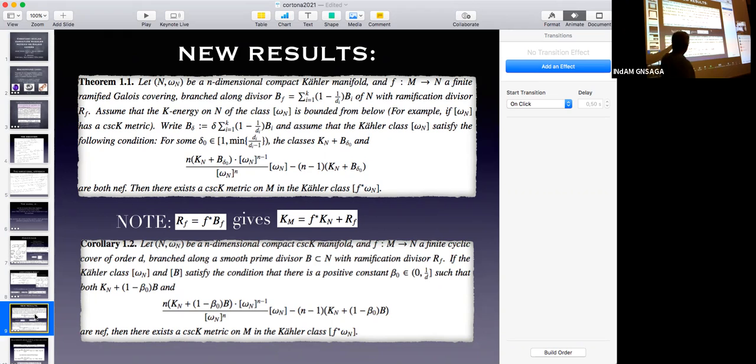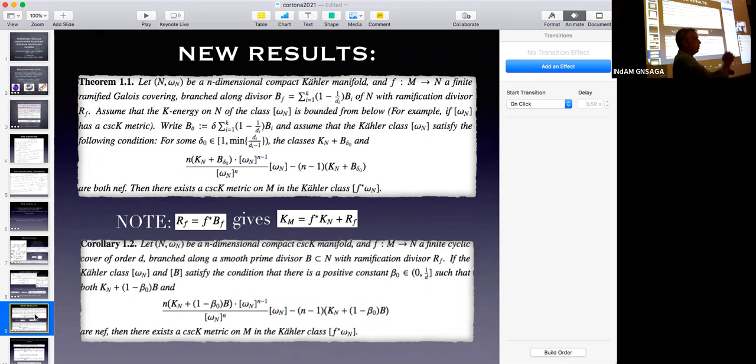Now these D_i, what are these D_i, and why is there an i associated? Before, I said D is the order of the group. Now, if your branch locus and your ramification divisor have many components, each component could have a different stabilizer above.